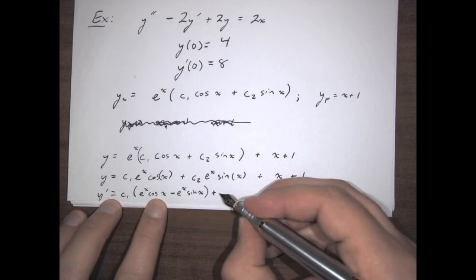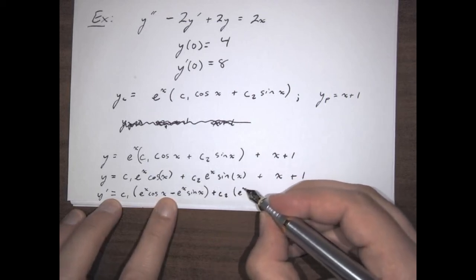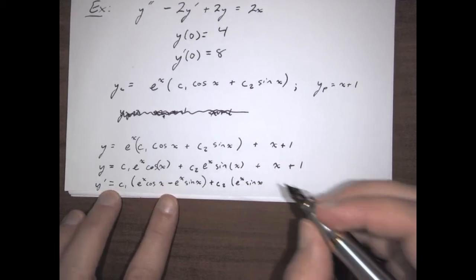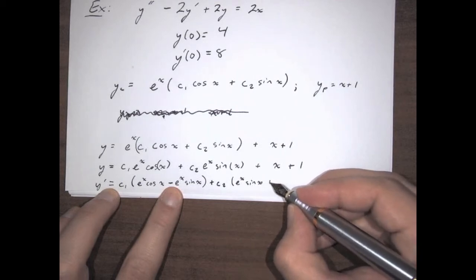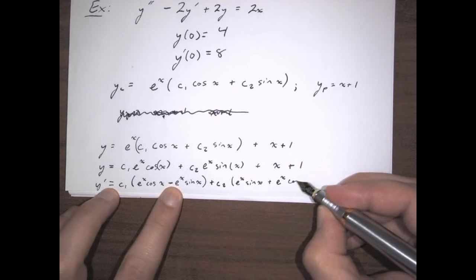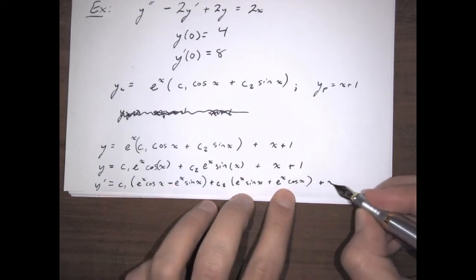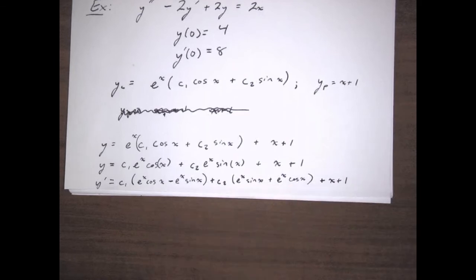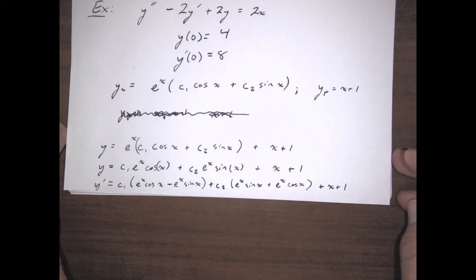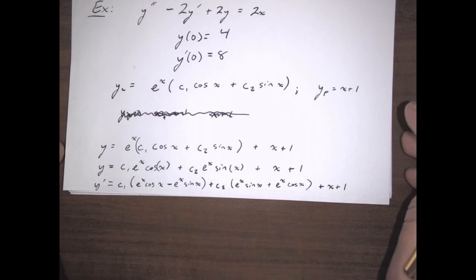And then for the c2, it's going to be very similar, e to the x sine x, and then take the derivative of the second, leaving the first alone, so it's going to be plus e to the x cosine x. Plus x plus 1. Okay, so now I plug in the initial conditions in order to find the missing values of the C1 and the C2.